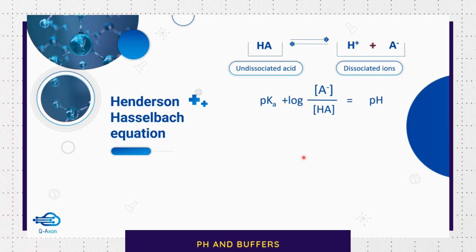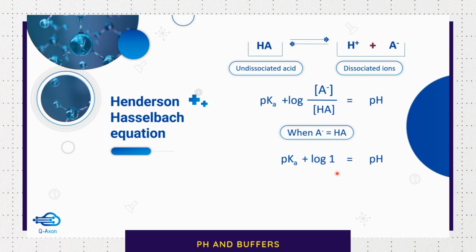Now we have said that a buffer is most effective when the concentration of the conjugate base is equal to the concentration of the undissociated acid. So that means we can write the equation as pKa plus log 1 is equal to pH, because if the concentrations are equal, they will divide and it will become plus log 1.